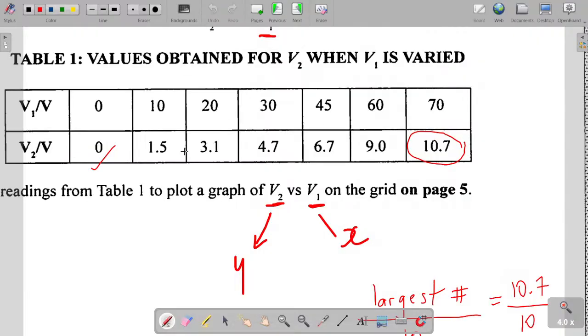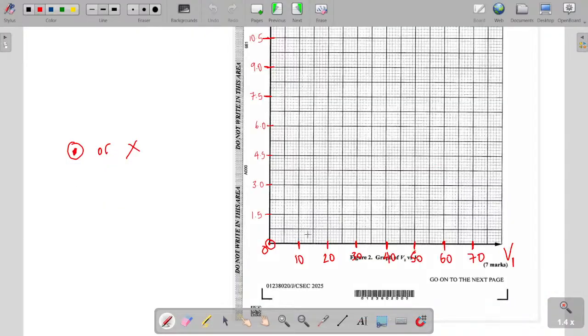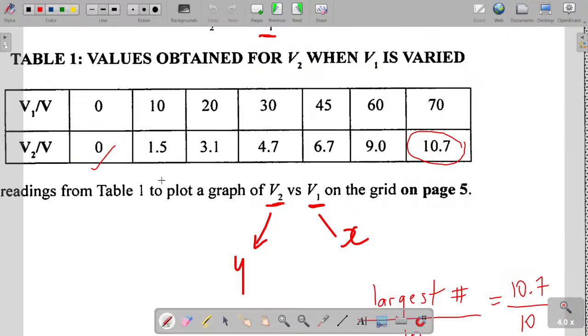And our next point here is 10 and 1.5. So 10 and 1.5. Then our next value is 20 and 3.1.